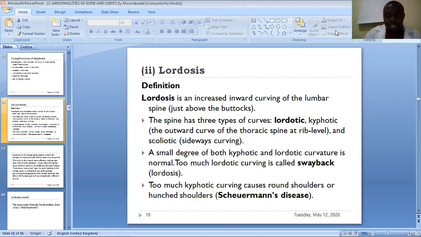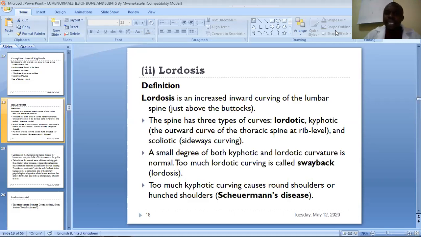and discomfort. So the spine has three types of curves: the lordotic curve, which takes place around the lumbar region; the kyphotic curve, which is usually an outward curve taking place in the thoracic region; and the scoliosis, which is usually a sideways curving of the spine.